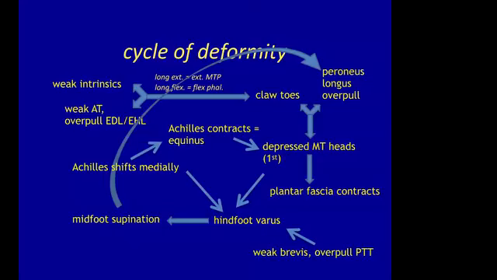And then the other thing is you've got a powerful Achilles tendon, which may contract, shifting the pull slightly medially, as opposed to a planovalgus deformity, where the pull is slightly lateral, and the patient may develop an Achilles contracture.